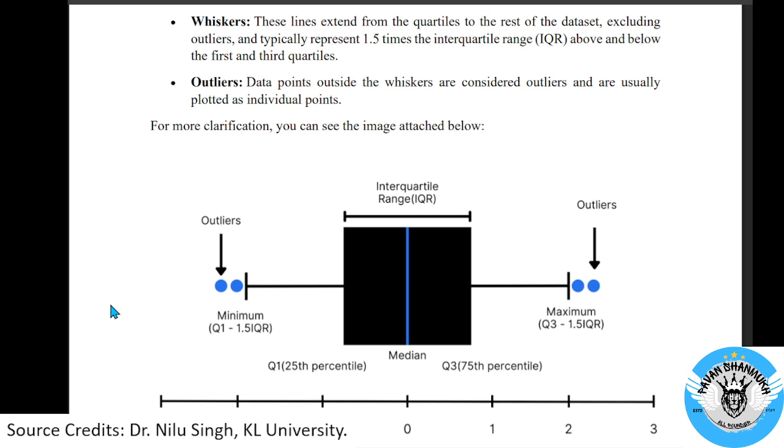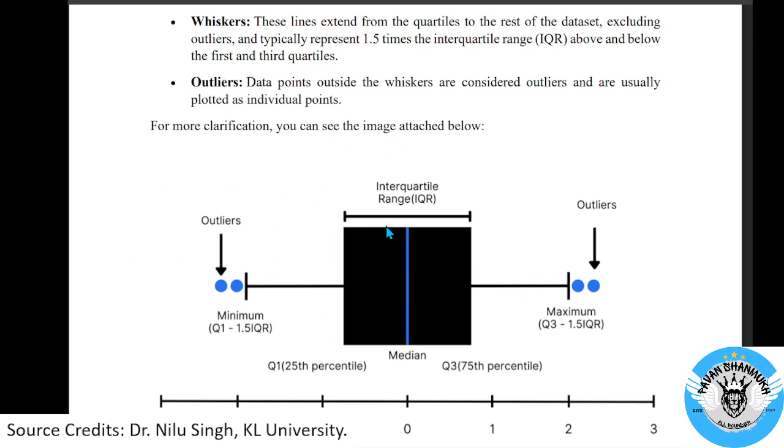Typically they represent 1.5 times the interquartile range. Suppose the IQR is 5. 5 times 1.5 is 5 times 3 by 2, which is 15 by 2, that is 7.5. So that could be the length of the whiskers on both sides of the box.